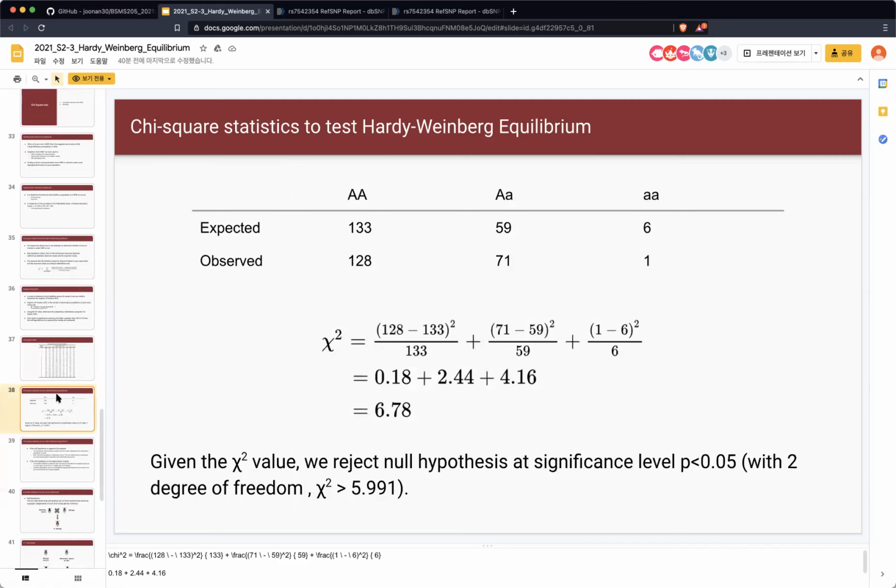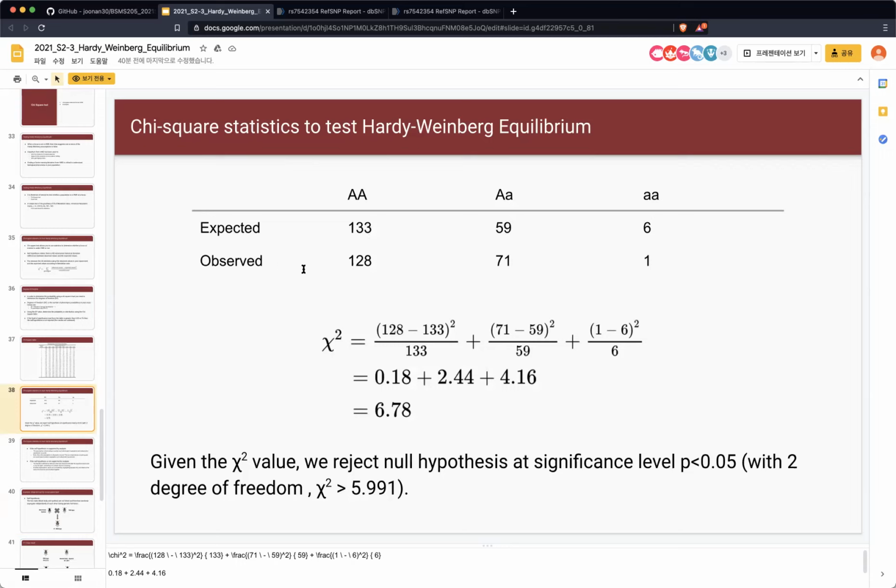So let's look at the single locus, and you have the 3 possible genotypes as Mendel: large AA, heterozygous, and small aa. And once you have the experiment, your expectation is 133, 59, 6, which follows the Mendelian ratio.